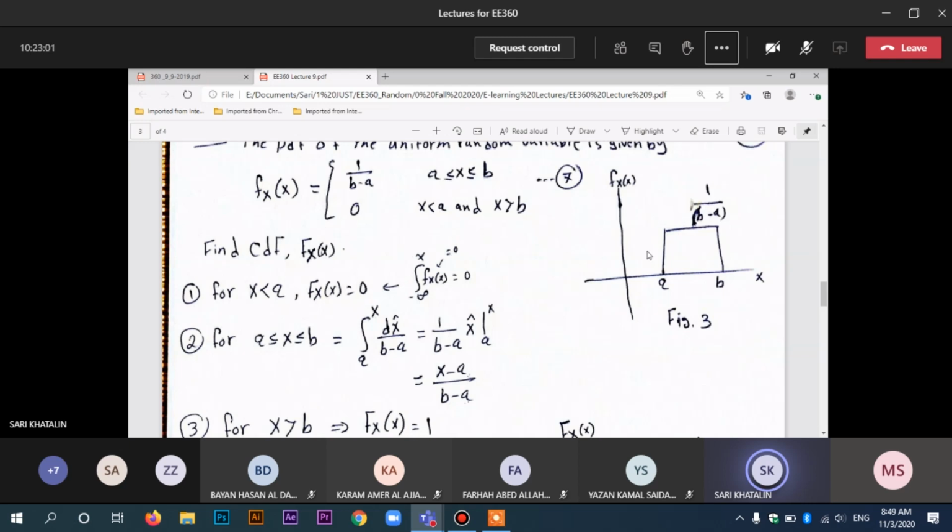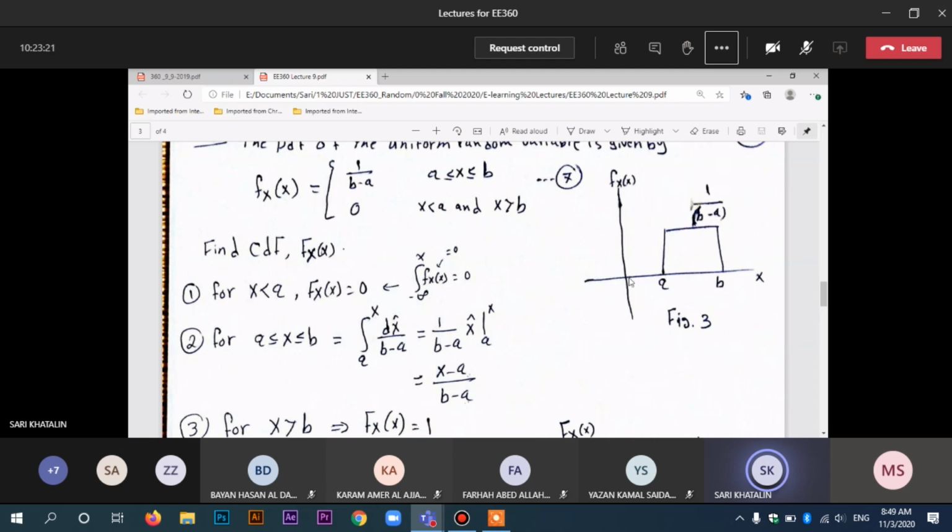And from there, we need to find the Fx. If you have the PDF, you can find the CDF and vice versa. So if I need to find the Fx, according to the properties we just learned, you just take the integration of the PDF from minus infinity to x.